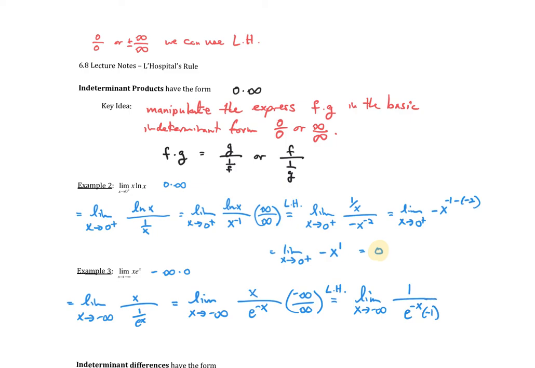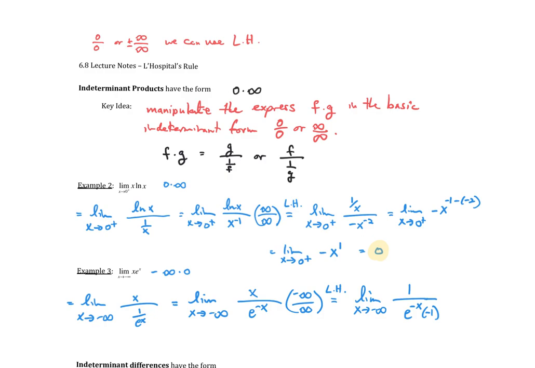Okay. So finally, we can plug in our x now. The numerator is 1. The denominator, we're going to have e to the negative infinity, so e to the infinity. That's going to give you a positive infinity. And then when we multiply by negative 1, that's going to give you a negative infinity.